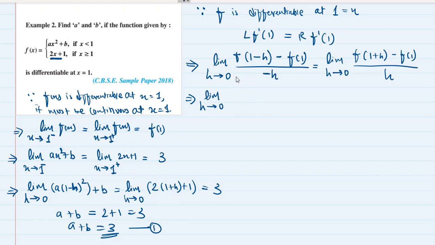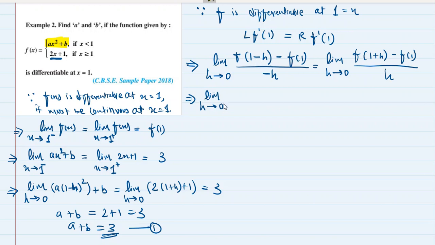Which implies limit h tends to 0 of, now in the place of x, when we are approaching 1 from the left hand side, the definition that is going to be considered is this one, and when we are approaching 1 from the right hand side, we'll consider the other definition of the function. In the place of x we are going to put 1 minus h and 1 in the respective terms.